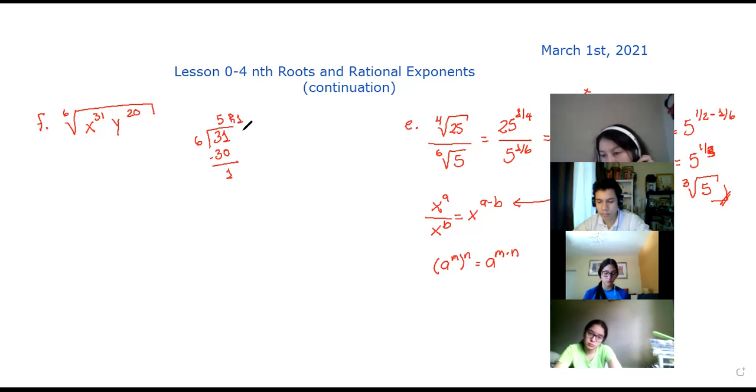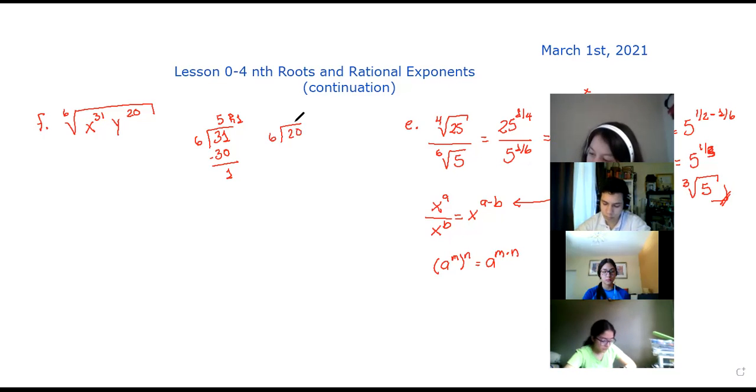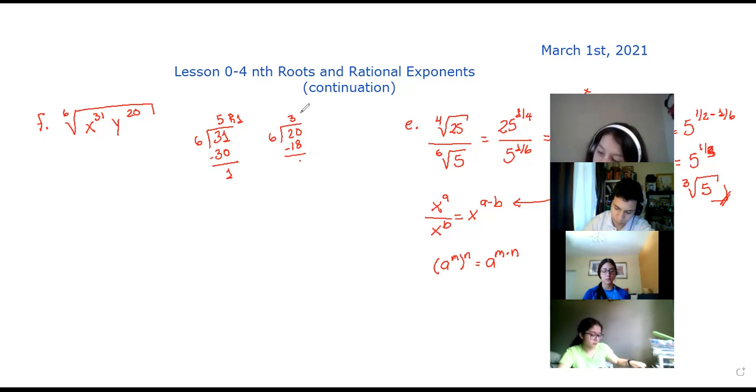Keep that word in mind, remainder. Now let's divide 20 divided by 6. And that is 3, right? 3 times 6 is 18, and that gives you 2. 3 remainder 2. Now, if you understand this, everything from now on is going to be very simple.